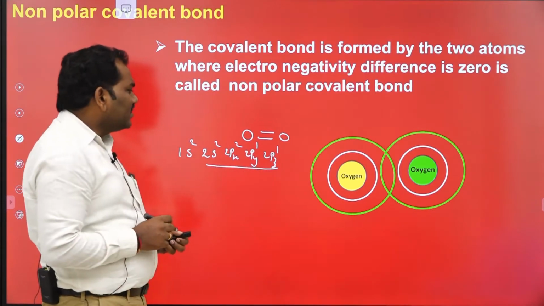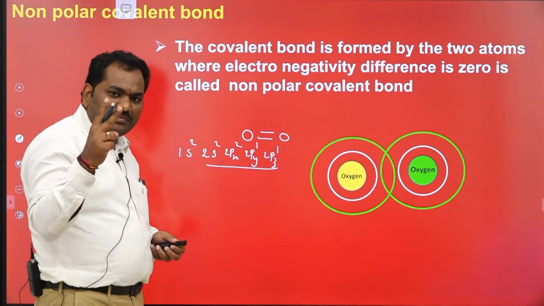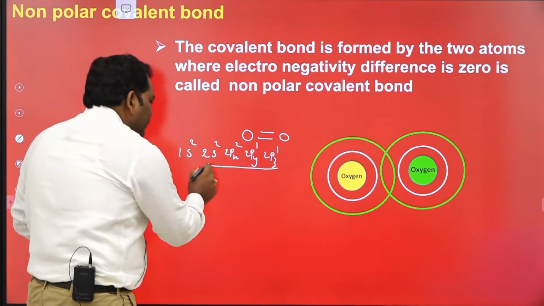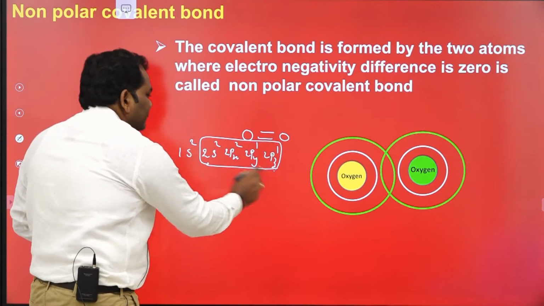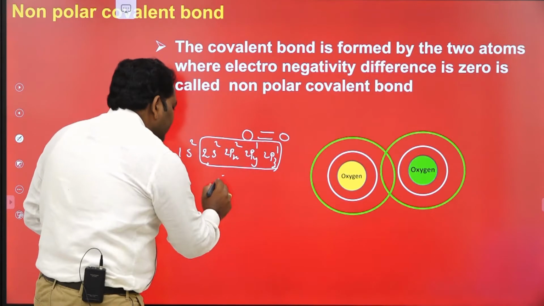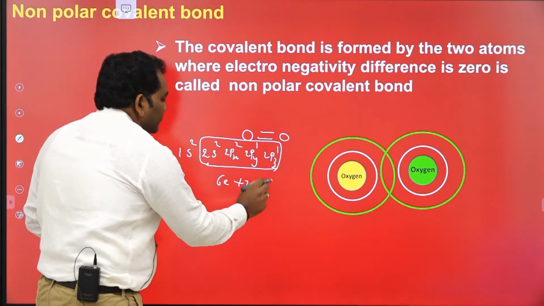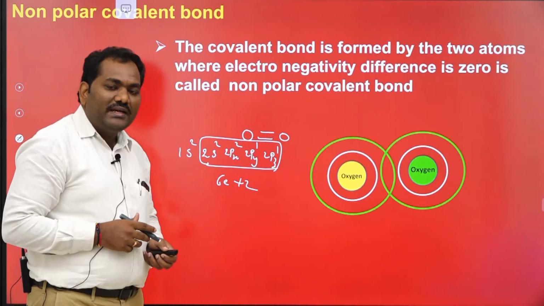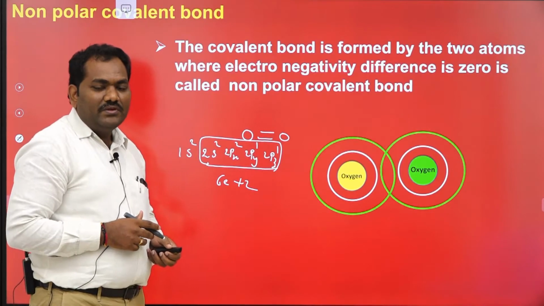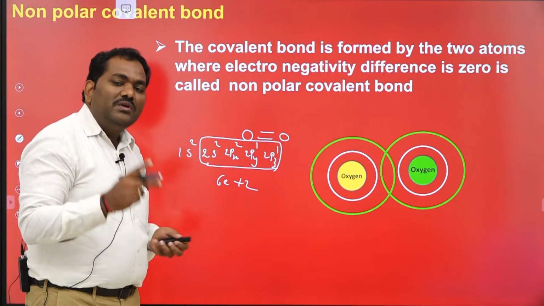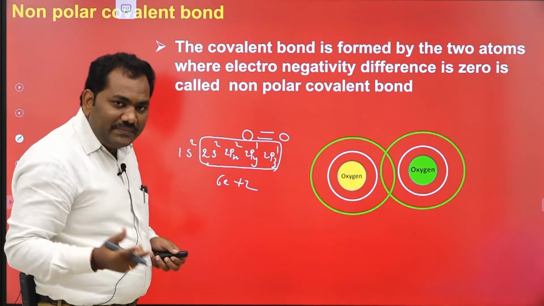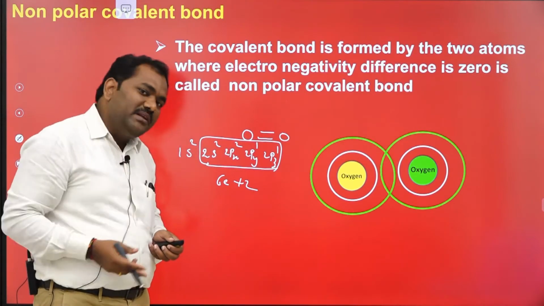In the outermost orbit, 2 unpaired electrons are present. Totally, the outermost orbit contains only 6 electrons. It needs 2 more electrons. Due to this, it is able to form 2 bonds with other elements or the same element.